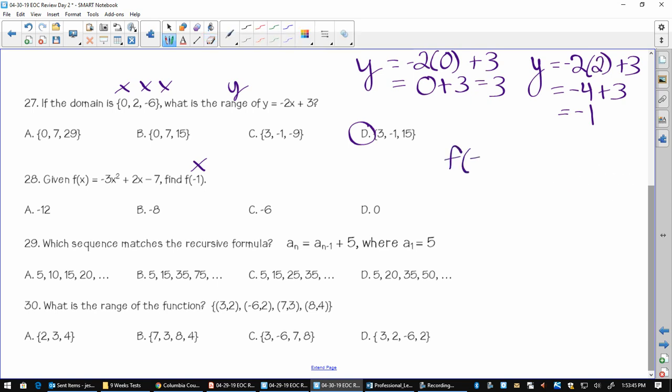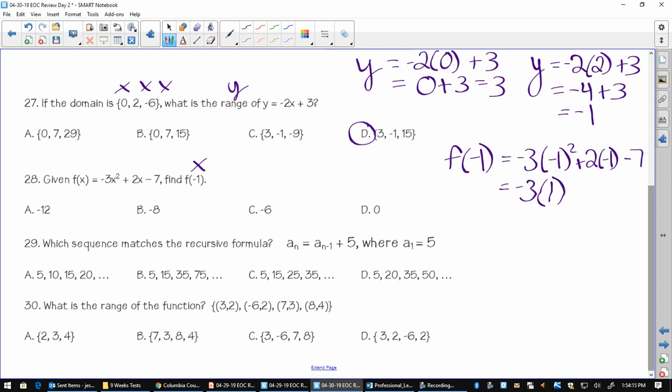We can do that. So f of -1 equals -3 times -1 squared plus 2 times -1 minus 7. So I took every x out and I put a -1 in. Now we just need to be careful when we're simplifying. Remember that -1 squared is -1 times -1, which would give us +1. If you're plugging that into a calculator, just make sure you're putting the -1 inside parentheses.